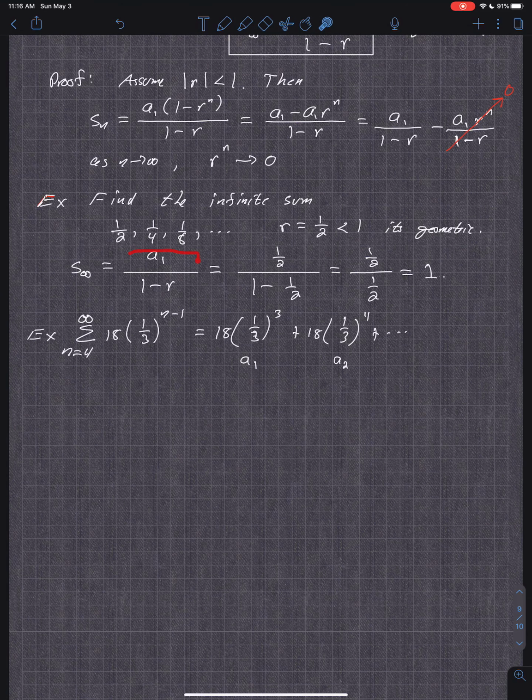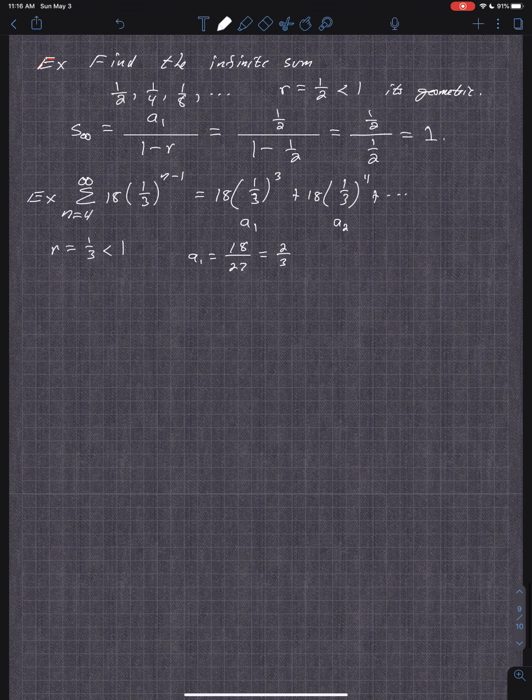So you need to know the common ratio, which is r, and the first term. So the common ratio is what? That's got to be 1/3, right? So r is equal to 1/3, which is less than 1. And a1, if you simplify that, is 18 over 27, which reduces to 2/3. So a sub 1 is 2/3.